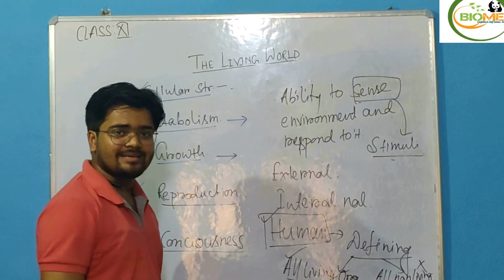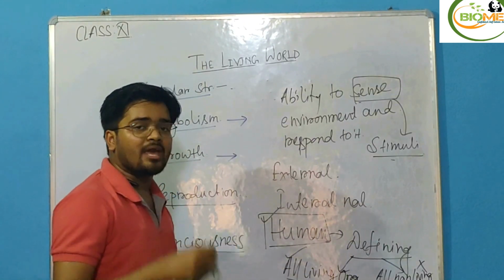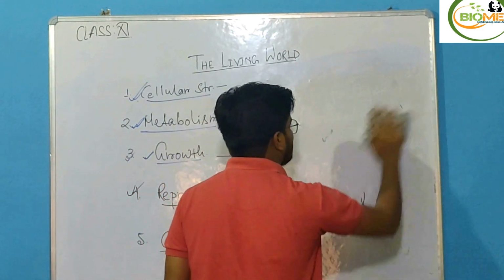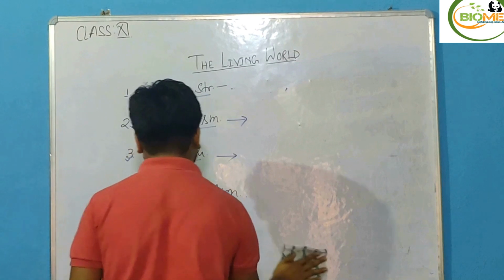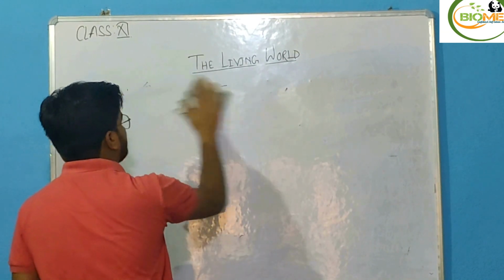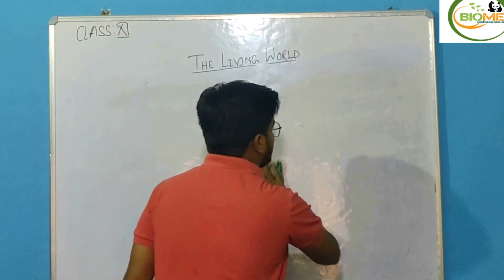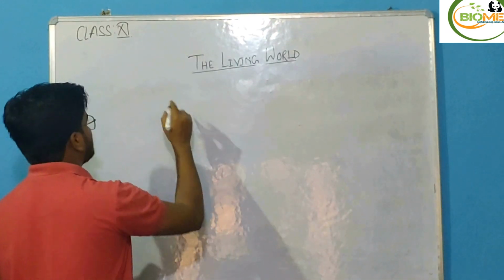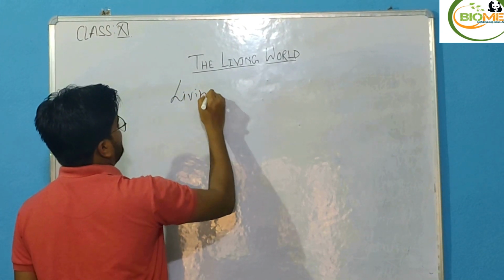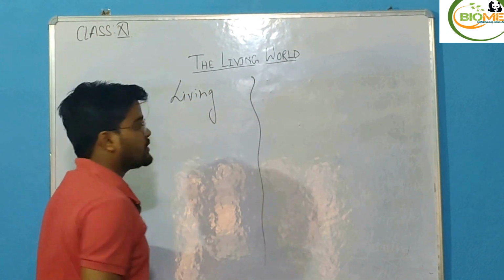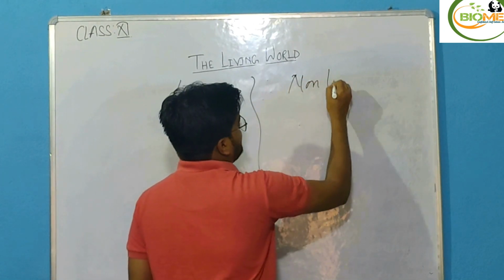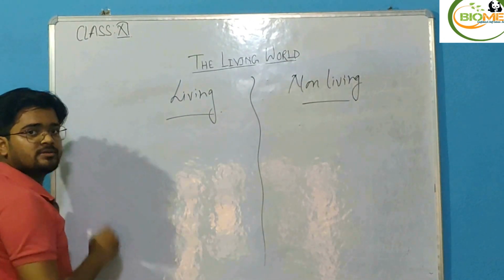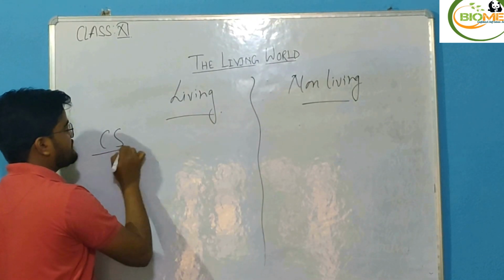So let's summarize these things. What are the most accurate defining features of living beings? Living and non-living. I am using short form, cellular structure.